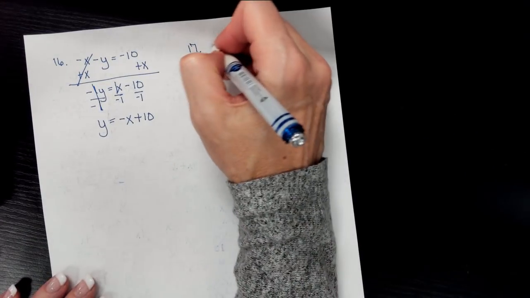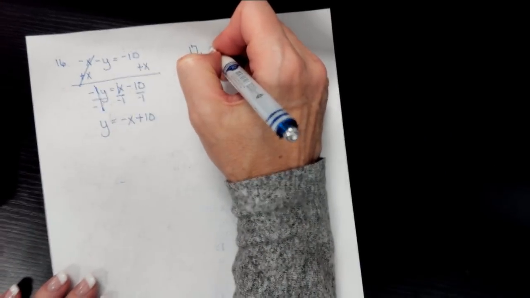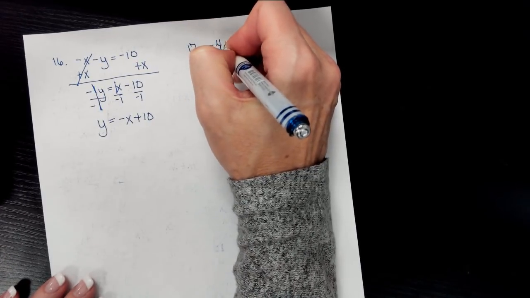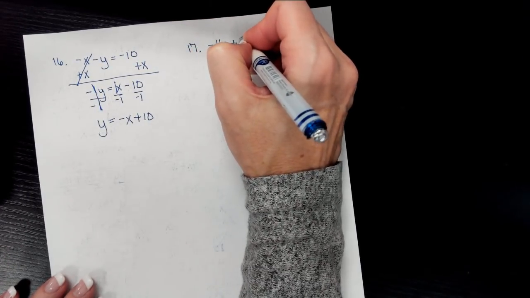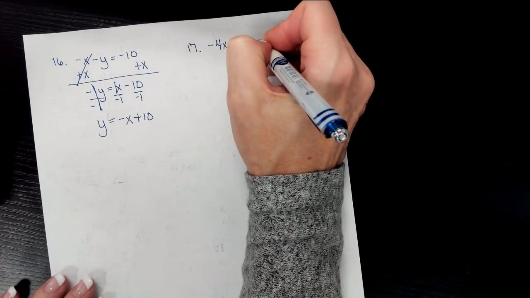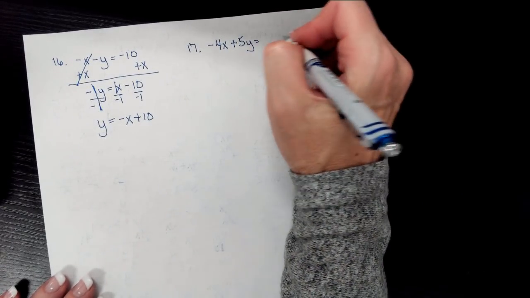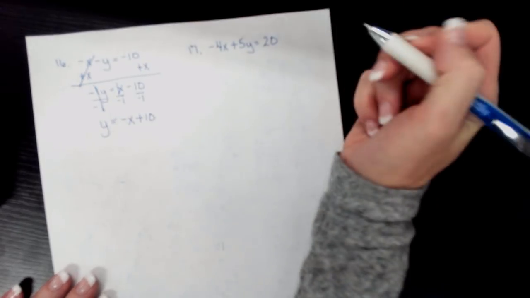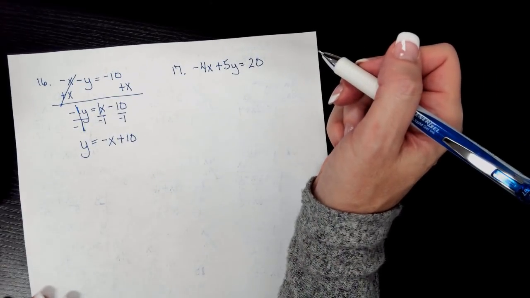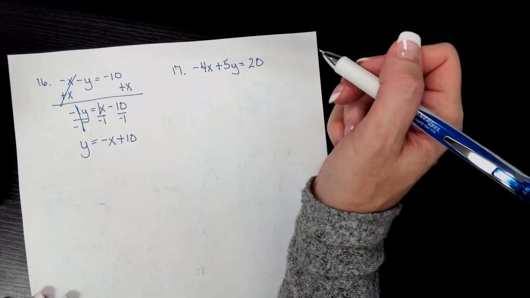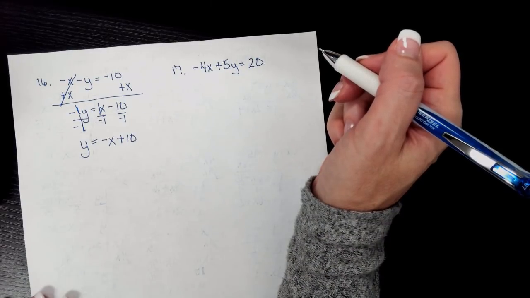All right, let's do this one more. So let's have negative 4x plus 5y equals 20. All right, I want you to pause the video. I want you to do it and then come back and see if you did it correctly.